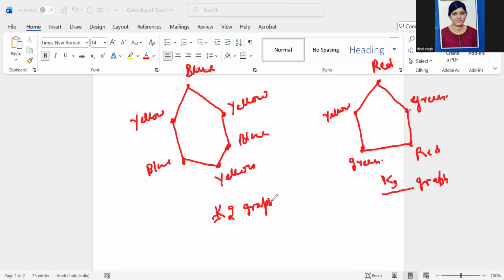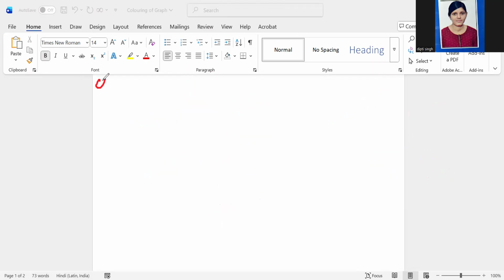So let us do one question properly, which is very important from the point of view of examination. Let me start. What is the chromatic number of the following graph?